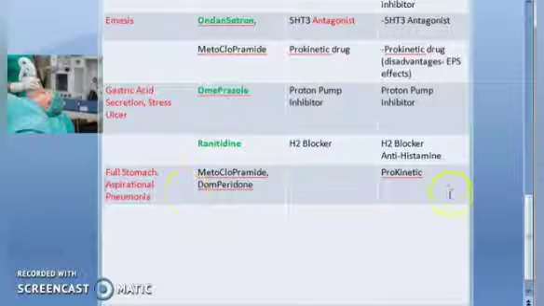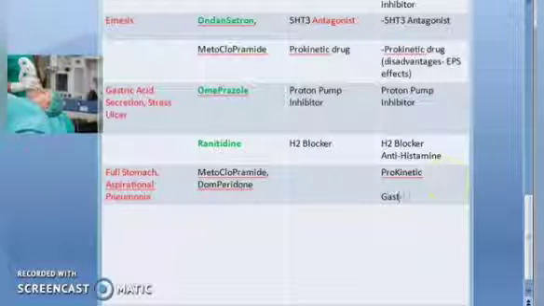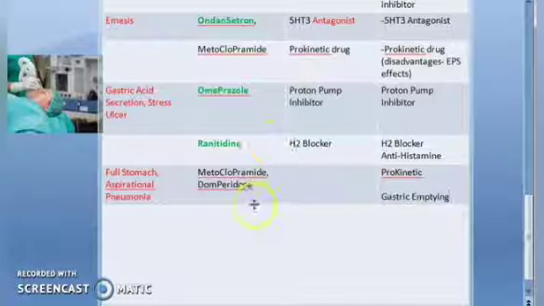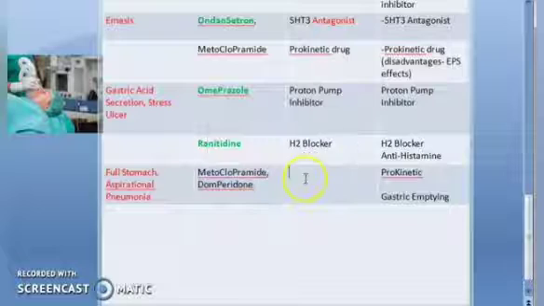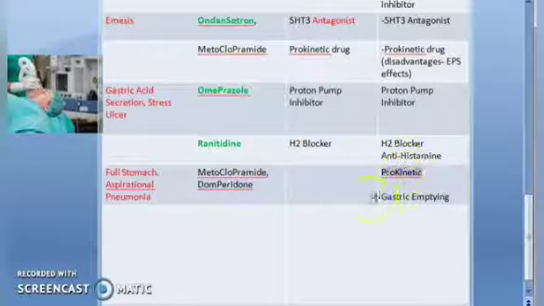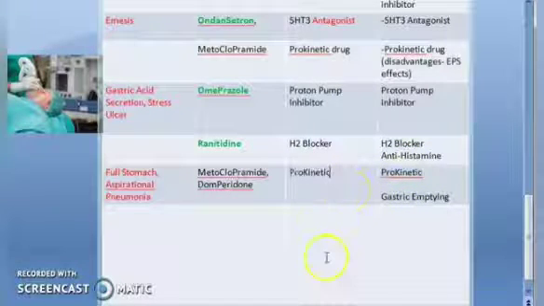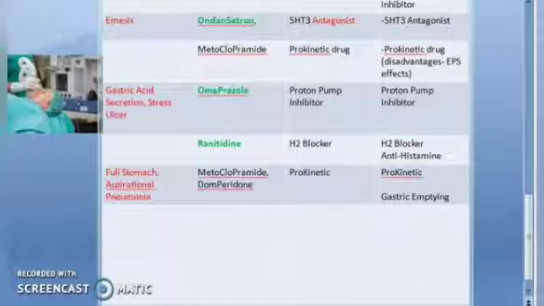So you want gastric emptying. This is what you want. So for gastric emptying you will give metoclopramide, domperidone. Both of these are what? Prokinetic drugs. Okay, both of these are prokinetic drugs. They increase the tone of the lower esophageal sphincter. They accelerate gastric emptying towards the intestine, correct?